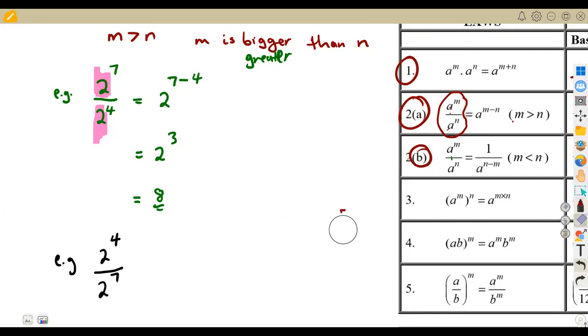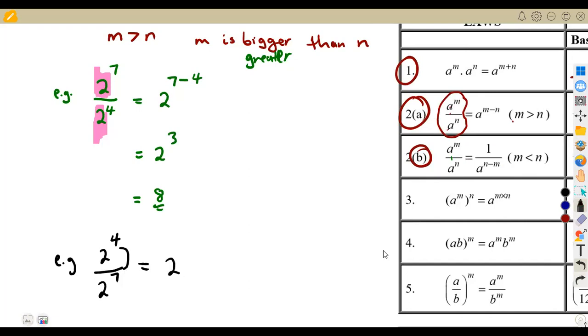Okay, so if 4 is less than 7, I want you to see what was supposed to happen. I'm not using this law so far. I'm just going back to the normal law, but I want you to see what was going to happen there. If you're using the normal law, you are going to have 2 to the exponent.